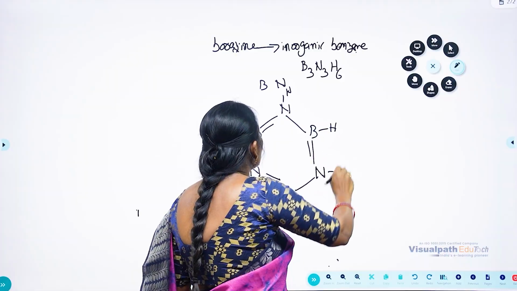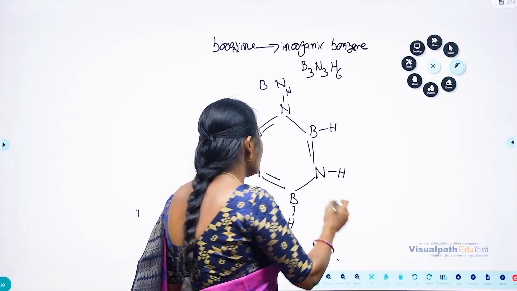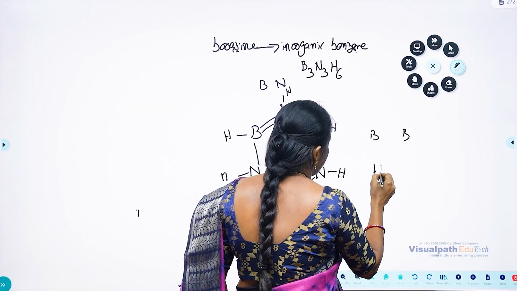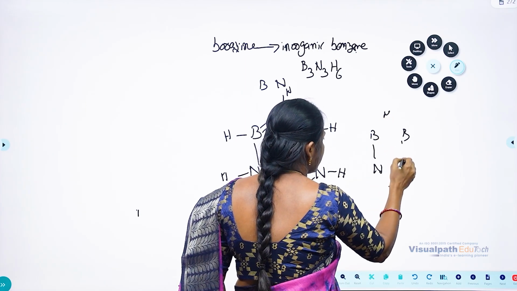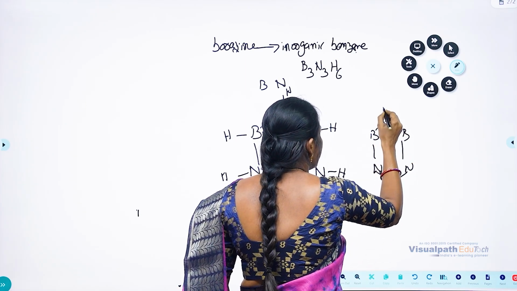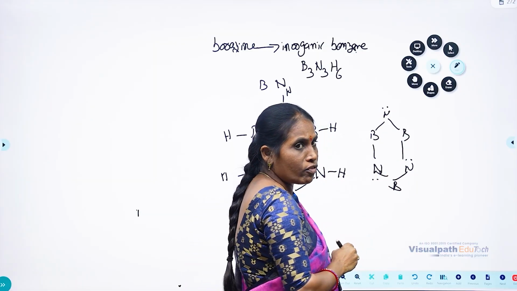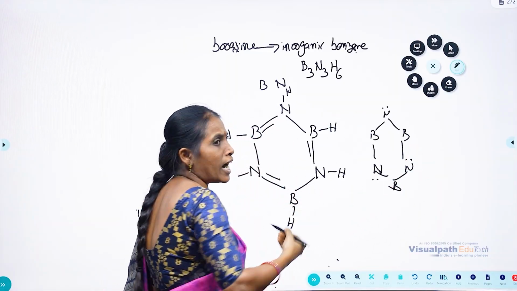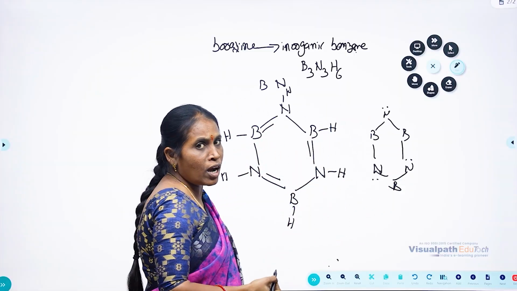So this is the structure of borazine, B3N3H6. Here the nitrogens have lone pairs of electrons, and these lone pairs are ready to overlap with the adjacent boron atom.